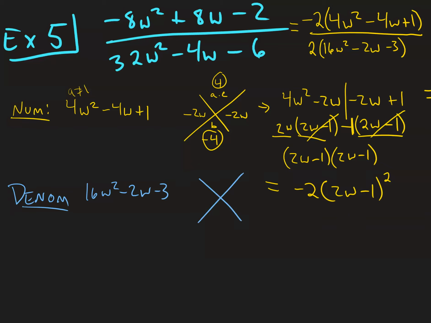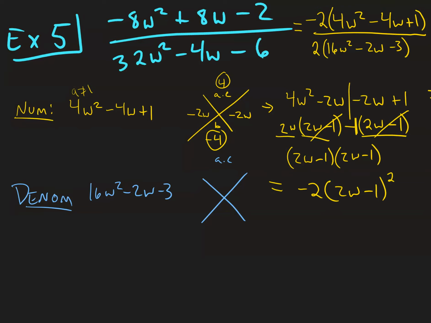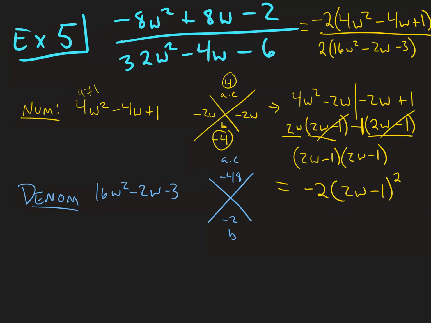I know that a times c goes up on top, which in this case is going to be 16 times negative 3, which is negative 48. And our b value this time is negative 2. So we have to try to think of two factors of negative 48 that would also add up to negative 2. And those two numbers are going to be negative 8 and positive 6.